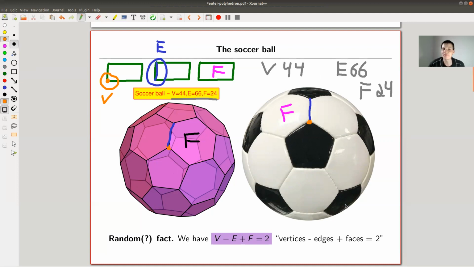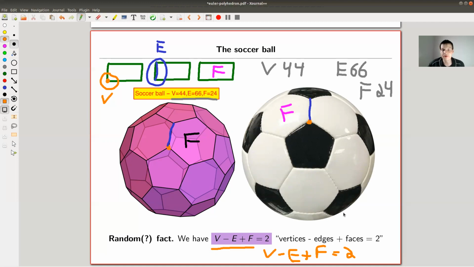But what isn't random is the alternating sum. So you take V minus E plus F. And it turns out that this is 2. This is the crucial formula you would like to keep in mind through the rest of the video. So V minus E plus F, the alternating sum, V minus E plus F.